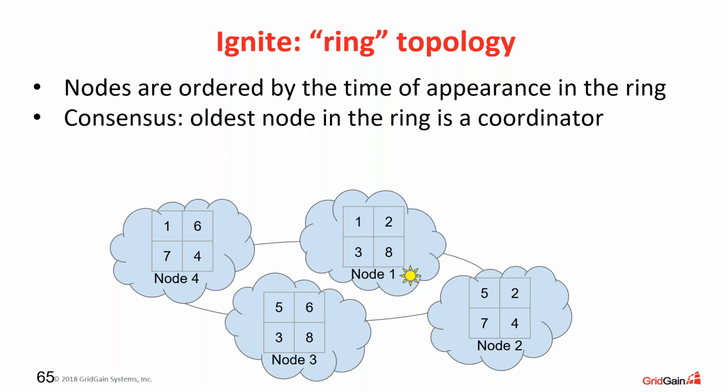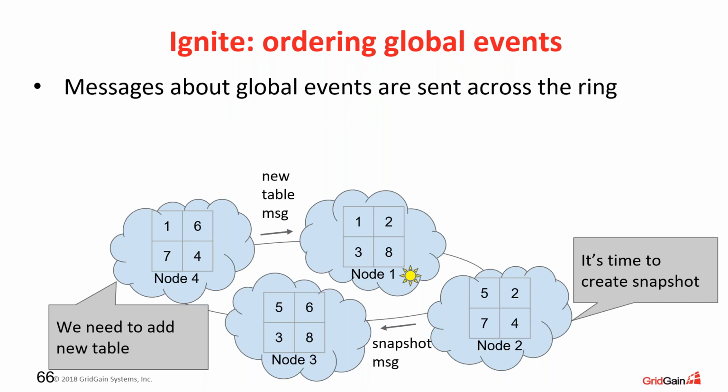We can just assign the coordinator role to the oldest node in the ring. And once we have consensus and strict node ordering and one connection, one pipe in which messages are transferred through the ring, we may easily order global events.